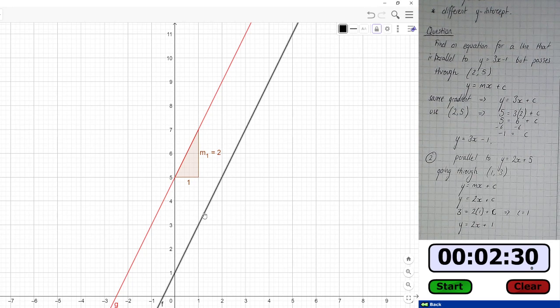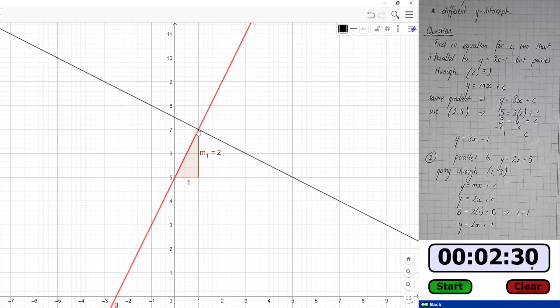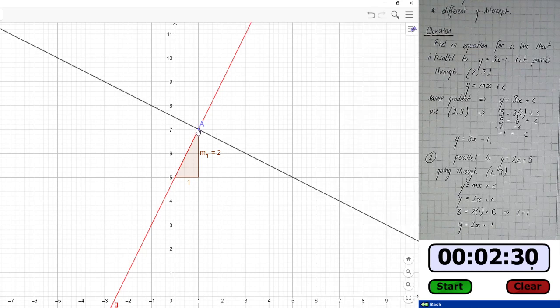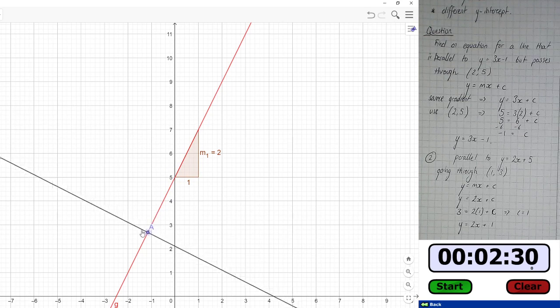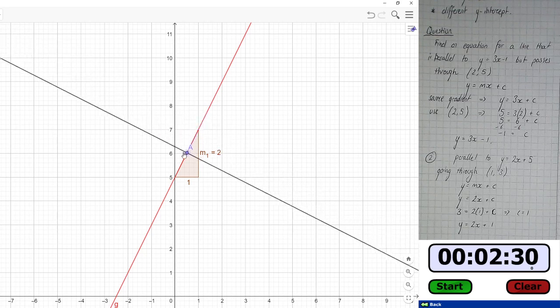Now, what we want to have a look at as well is what makes lines perpendicular to one another. Now, what I've added to our graph here is a perpendicular line. Okay? And you can see that this just will remain perpendicular no matter where on that line I go through.